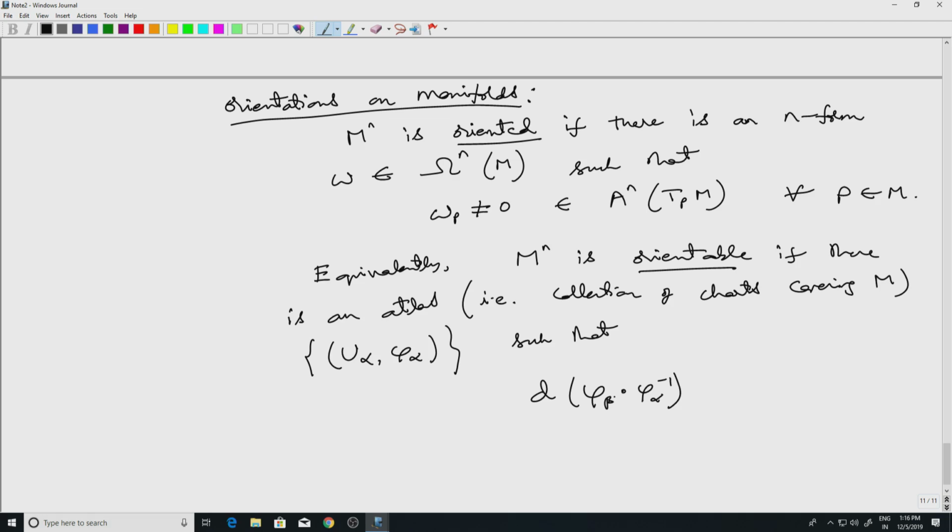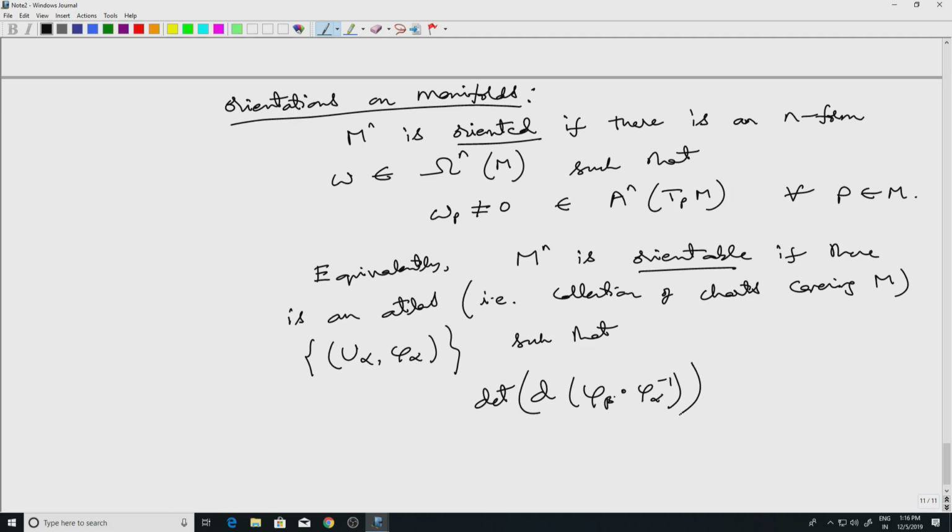The transition functions will be diffeomorphisms between open sets in Rn, and the derivative will be linear isomorphisms of Rn. And so I look at the determinant of that.